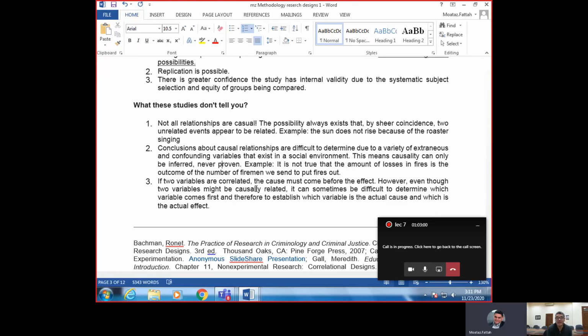So to eventually say it's almost like a law, almost like a proven theory, that when you have a strong, independent, educated middle class, you would eventually end up having calls for democracy that would eventually lead to democracy. It is not true that the amount of losses in fires is the outcome of the number of firemen we send to put the fire out.